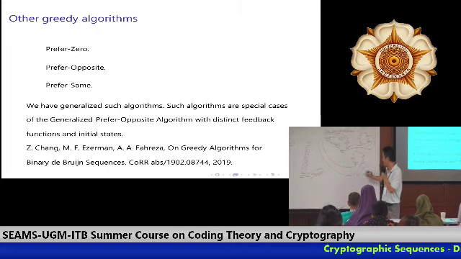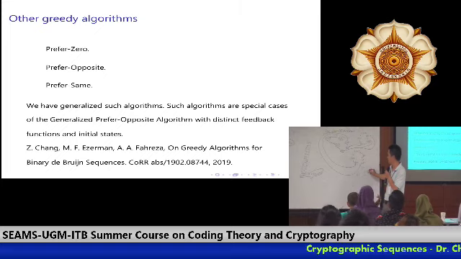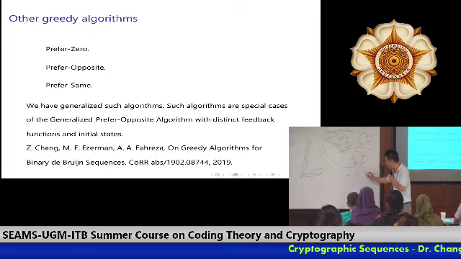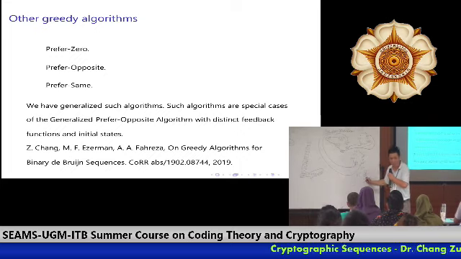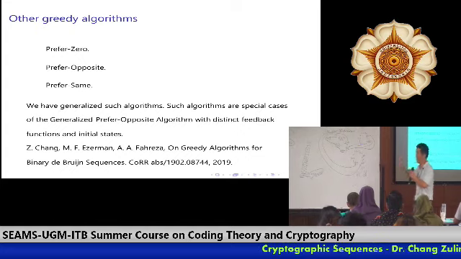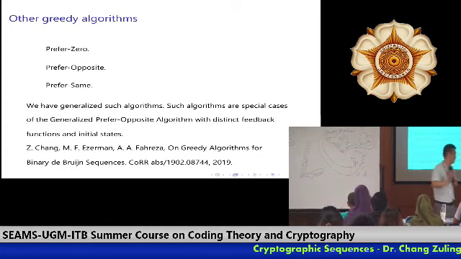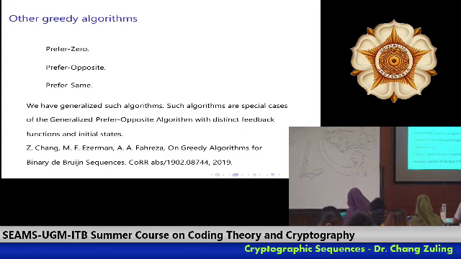Okay, prefer same is if 1 we prefer 1, if this can be added, we add 1. And the same, 0 we prefer 0 if not appeared. Lots of different rules can generate the sequence. We have generalized the case.